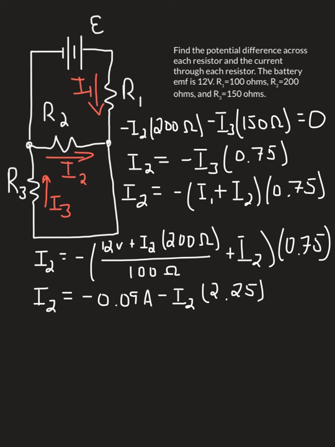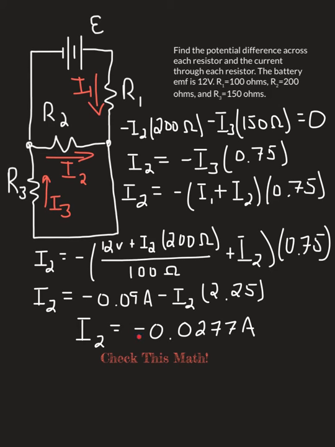Now you combine the like terms, the I2s, and solve for the value of the current through resistor 2. You should find that the current through resistor 2 is negative 0.0277 amps. That's with 3 significant figures. This negative sign indicates that the direction we chose for I2 is not the correct direction of the current.